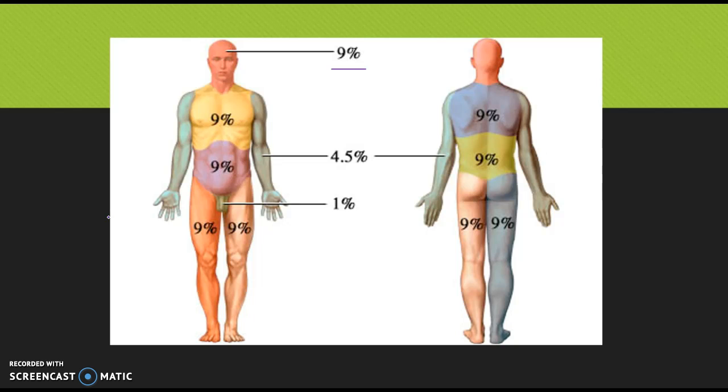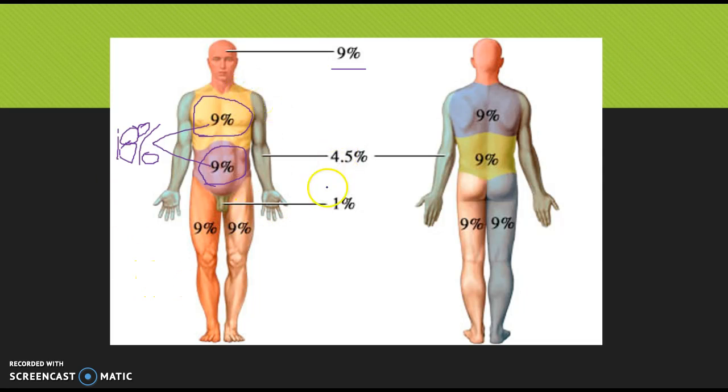So for example, let's say you're in a house fire and you burn your entire anterior chest and your anterior abdominal area. They would say you have 18% of your body burned. That's how they use this, and this is called the Rule of Nines.